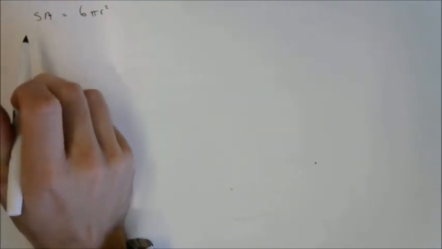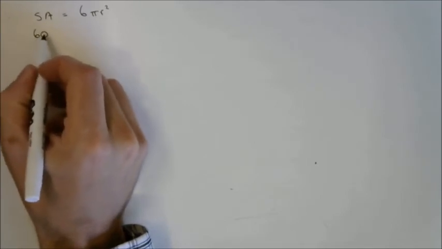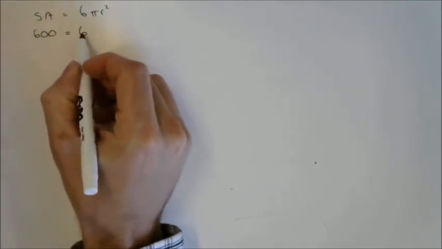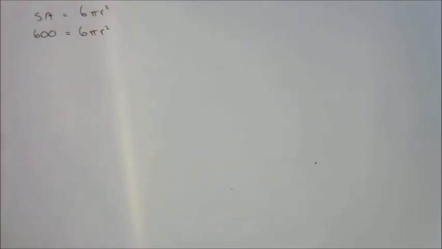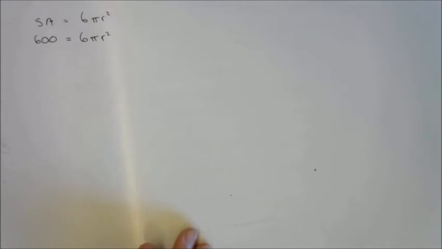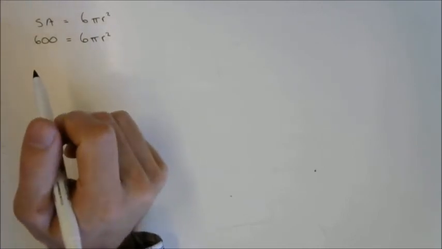We know our surface area, so we can sub that in: 600. And if we perform some simple algebra on this, we will be able to determine the radius of the can that will have the maximum volume. And then we'll be able to also calculate the height.